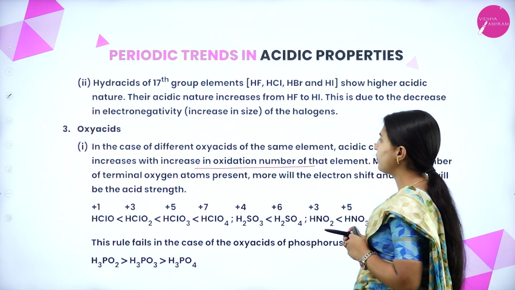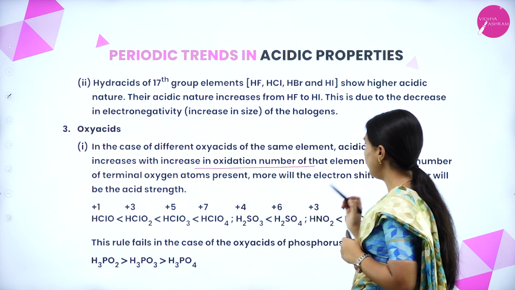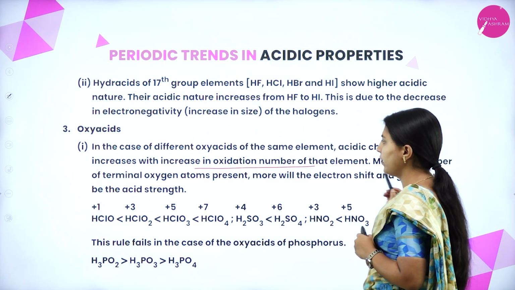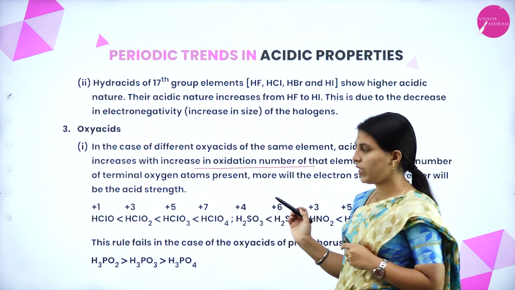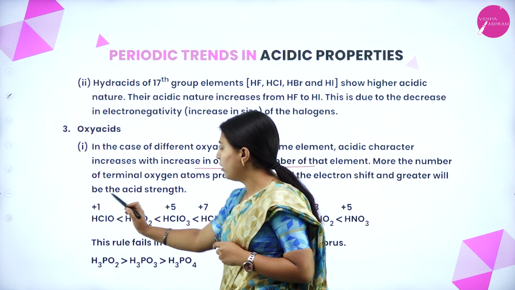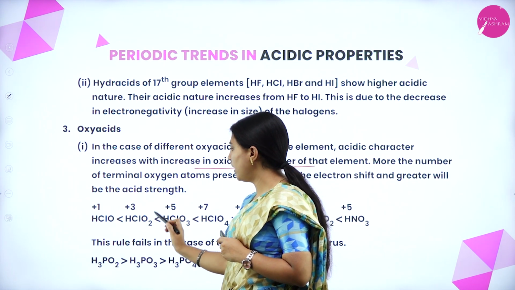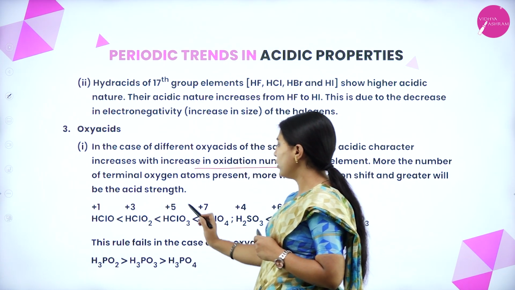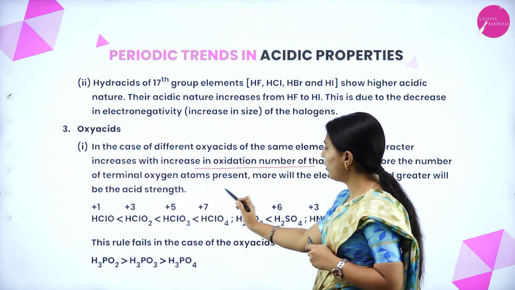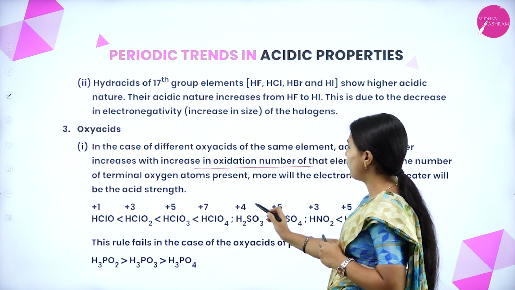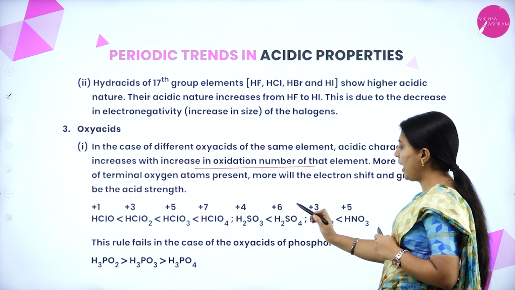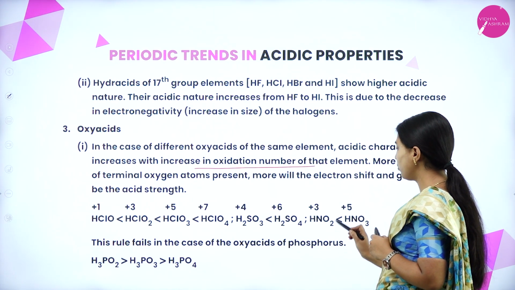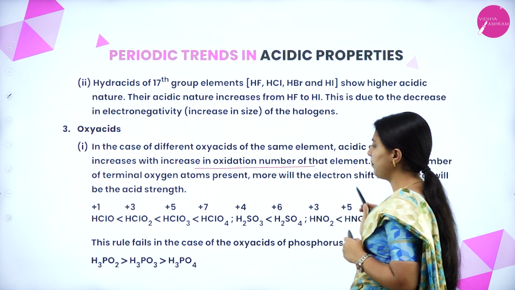The more terminal oxygen atoms present, the more the electron shift and the greater the acid strength. See here, HClO is plus 1, HClO2 plus 3, HClO3 plus 5, HClO4 plus 7, H2SO3 plus 4 and H2SO4 plus 6, HNO2 plus 3, HNO3 plus 5.